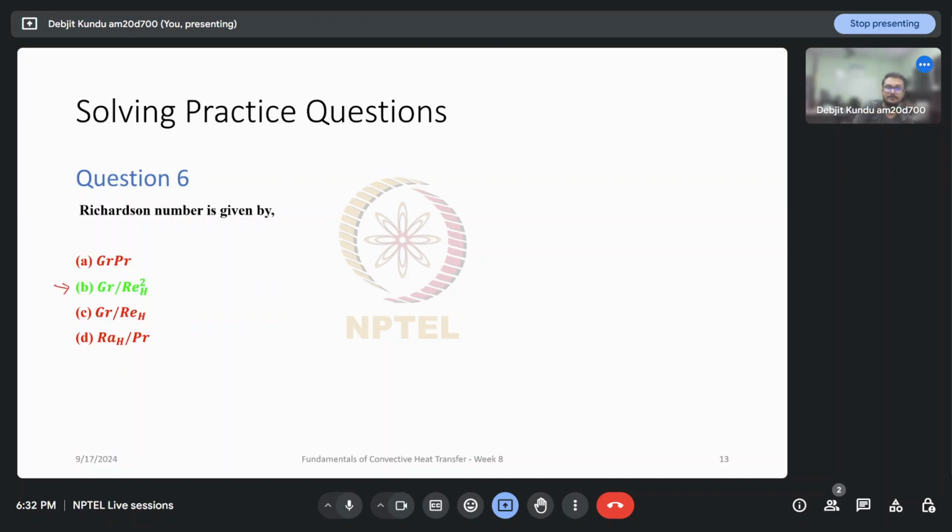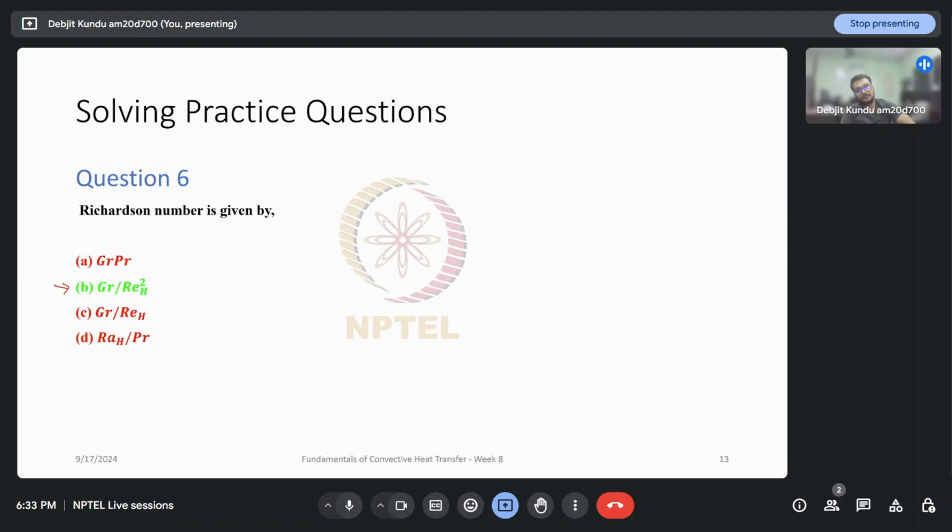This number shows up when you non-dimensionalize the momentum equation for the boundary layer equation that comes up for natural convection, where you will get the coefficient of the viscous term as 1 over Reynolds number, and Grashof number by Reynolds number squared becomes the coefficient of the buoyancy term.